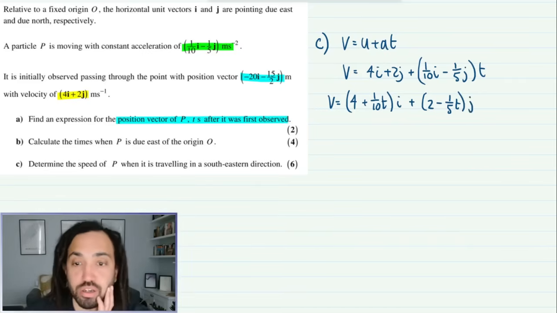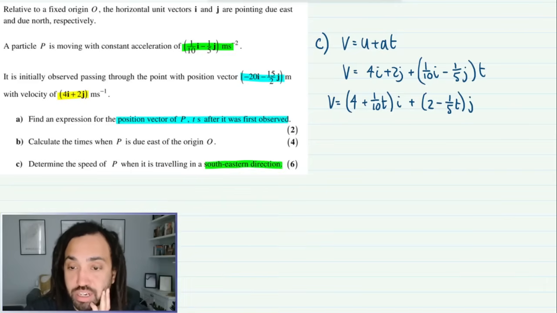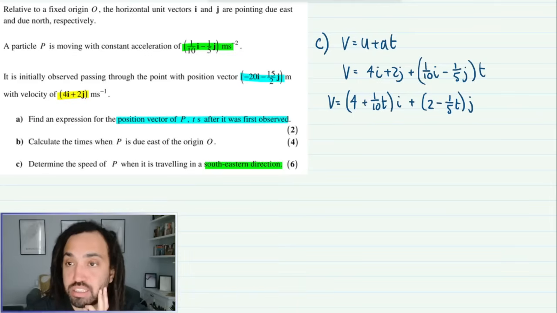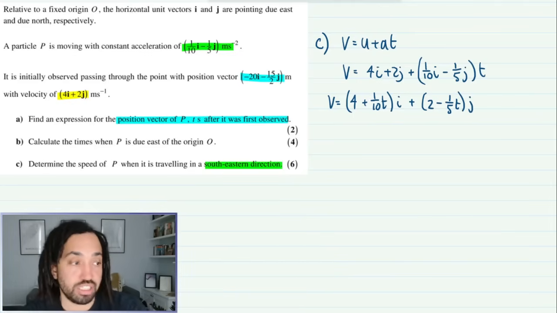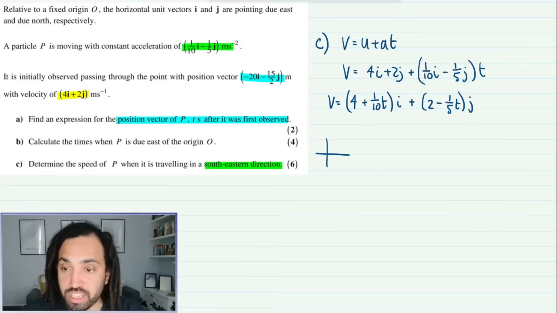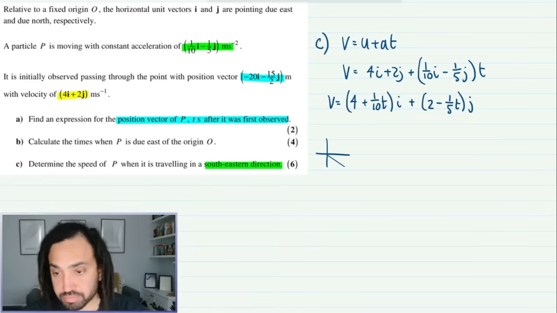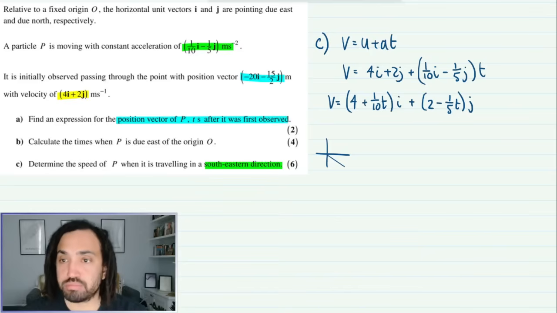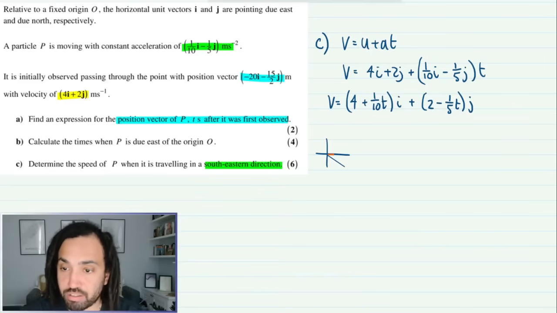Now how do we know if it's travelling in a particular direction? And this is really important. If it's travelling in that direction, then the ratio of i's and j's can be figured out. So southeast is down here. That's the same as having, for example, 1i and minus 1j.